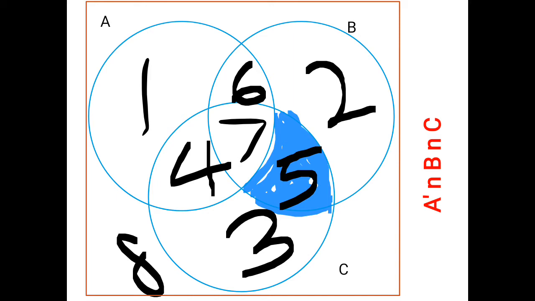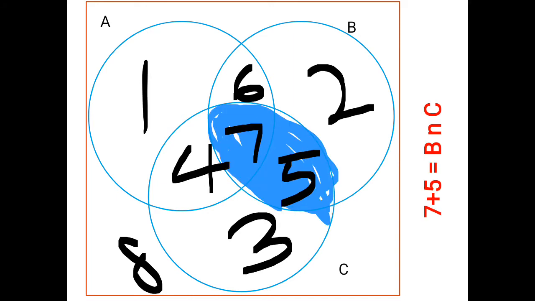Look at this too. You can see that we have shaded only one part, only region 5. Now the previous slide had region 7 and region 5 shaded, and we said that is B intersection C, which is said to be B and C. I repeat, B and C, or B intersection C, or both B and C. I'm using other words that can be used.